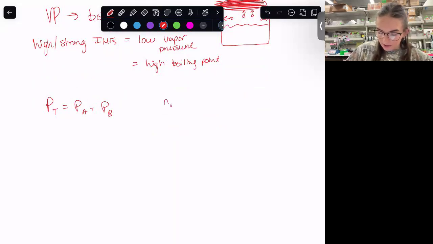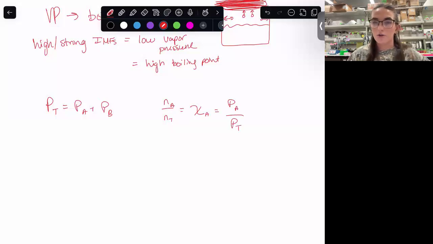And then we know that the moles of A over the moles total is equal to the mole fraction, or the partial pressure of A over the pressure total. So you can either have theory questions or something along the lines of these two equations here.